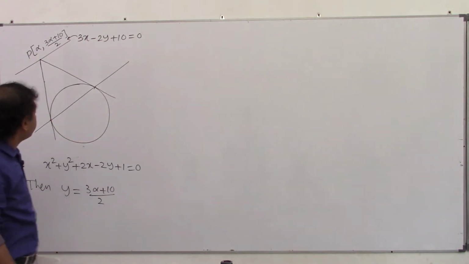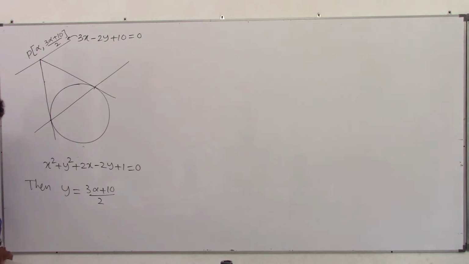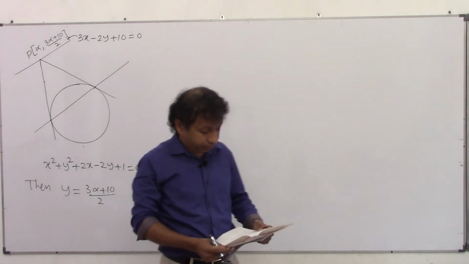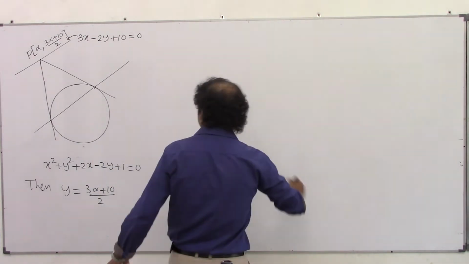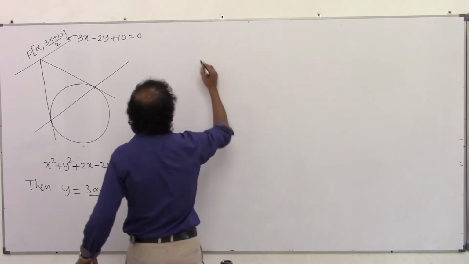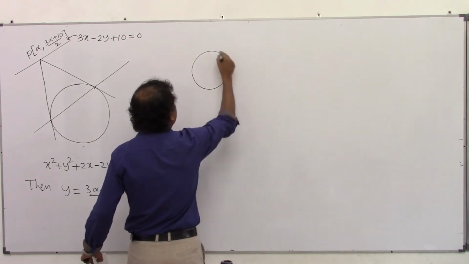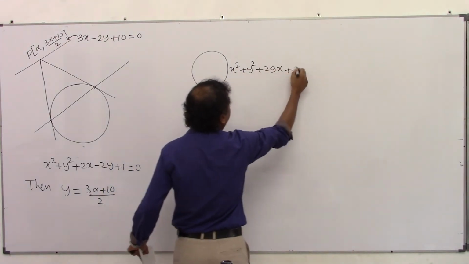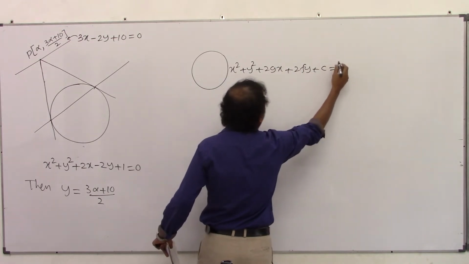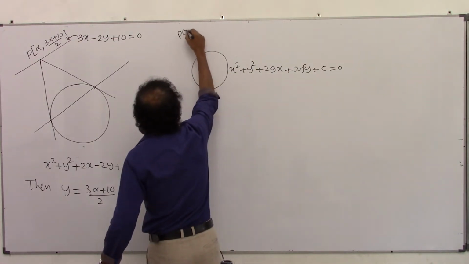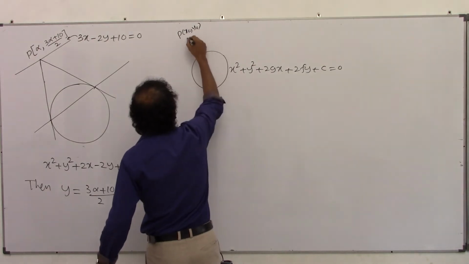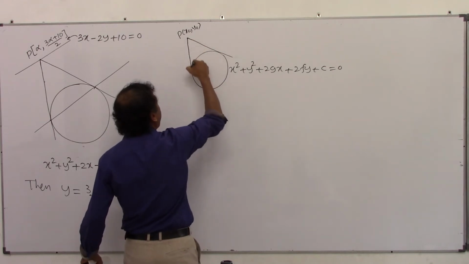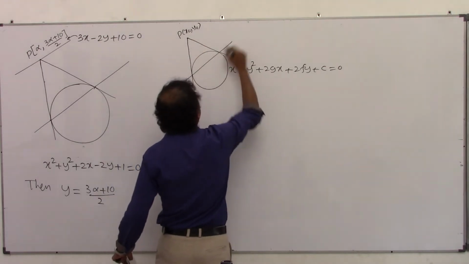Now, we know the equation of the chord of contact to a circle from a point P (x naught, y naught). We did that part. If the circle is the standard circle, x squared plus y squared plus 2gx plus 2fy plus c equals 0, from a point P (x naught, y naught), when we construct two tangents, can you remember how we wrote the equation of the chord of contact?